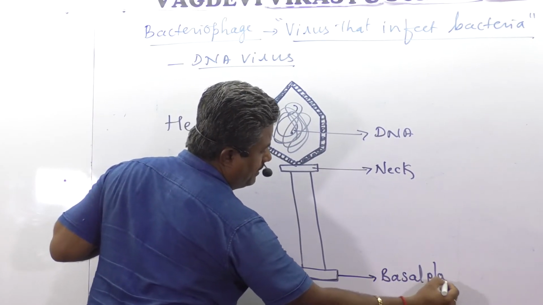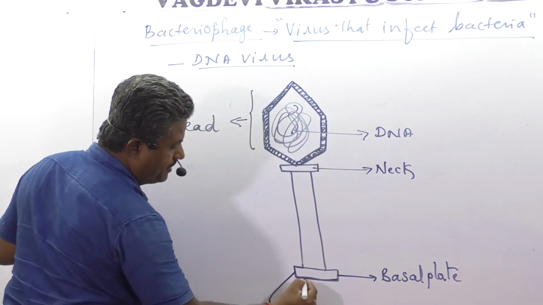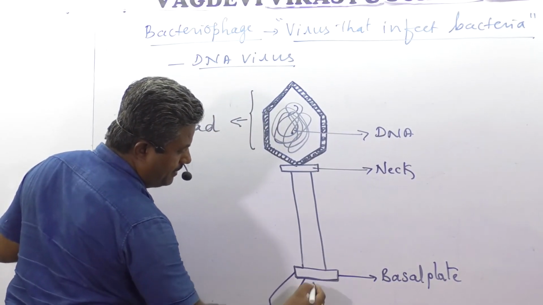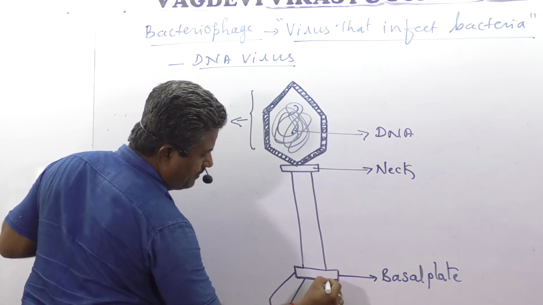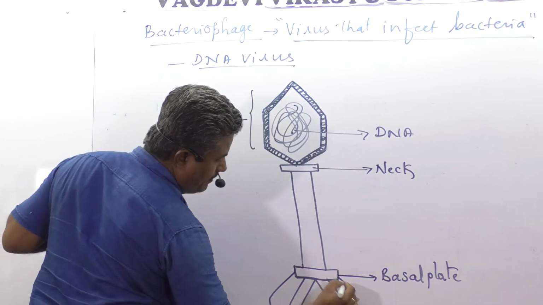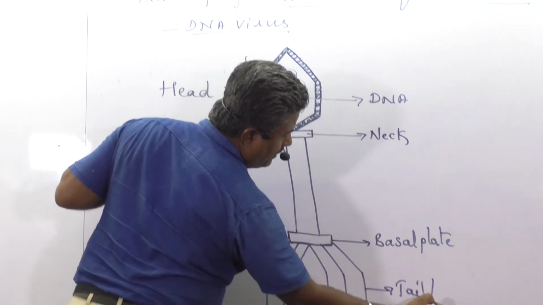Basal plate, and it has 6 tail fibers. These are tail fibers.